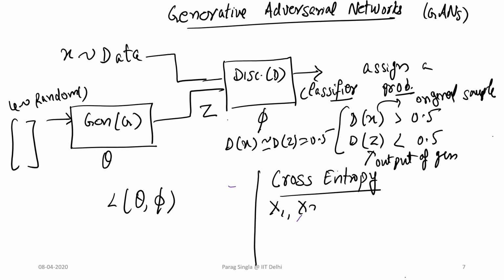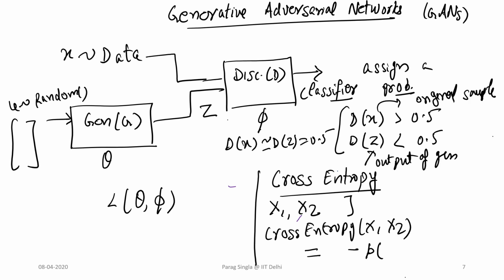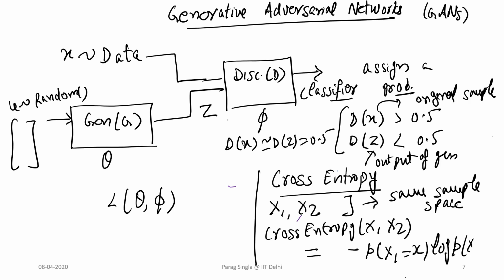Given two random variables x1 and x2, which may have their own distributions p1 and p2, and note that they are defined over the same sample space but have different distributions, the cross entropy between these two random variables is simply minus p(x1 = x) log p(x2 = x), summed over all possible x.